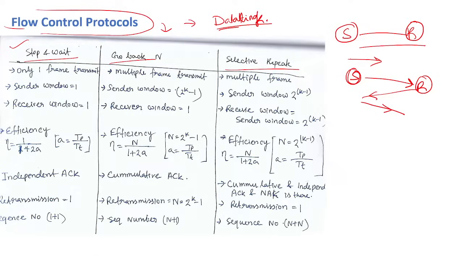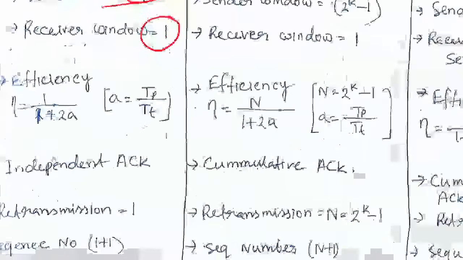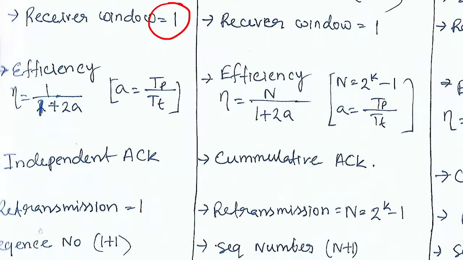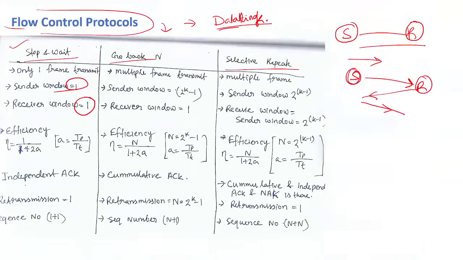So here you can see the sender window is 1, receiver window is also 1. And what is the efficiency of stop and wait? 1 by 2a, where a equals TP by TT. Very important. Remember that. Already a 10 marks question came from here. Very important. a equals TP by TT.